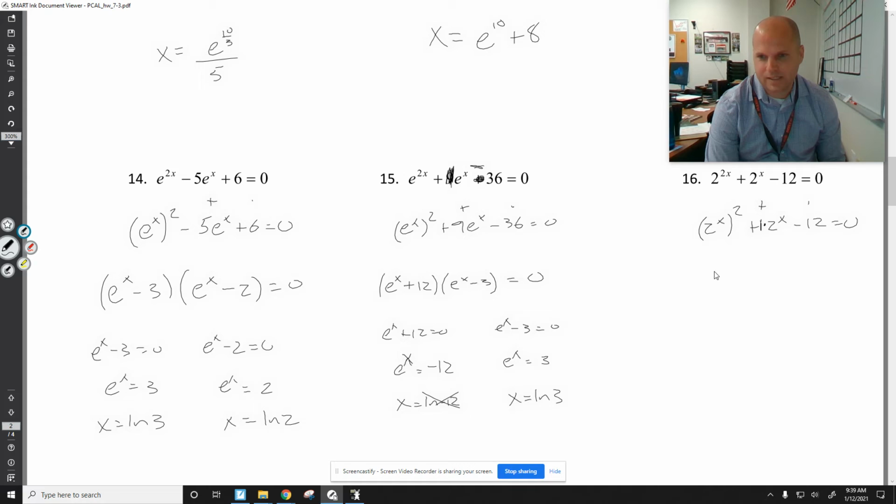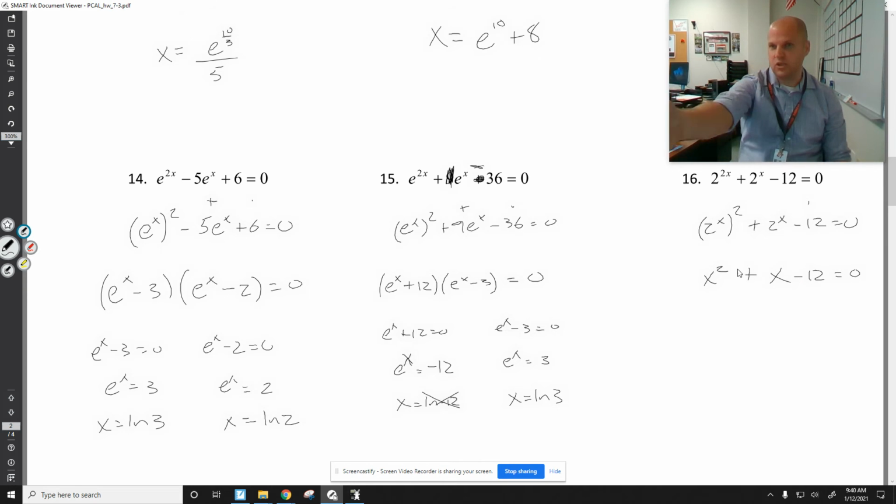I have 1, 2 to the x here. So this is like x squared. And if you think about it, maybe this is a good time to go back to, if you're confused, replace 2 to the x with x. Okay, so x squared plus 2 to the x is just x minus 12. You're not looking for two numbers that add to get 2. You can see it's just 1x. So you'd say, okay, positive 4, negative 3.